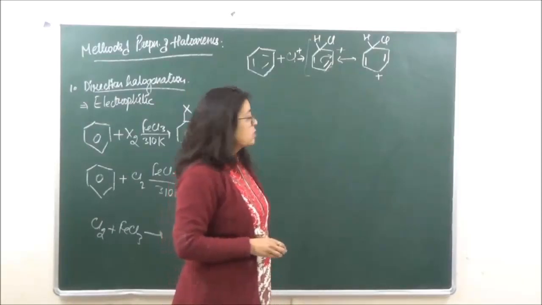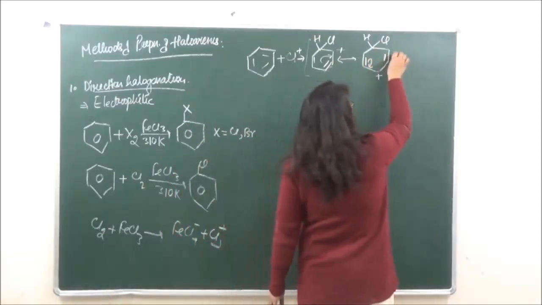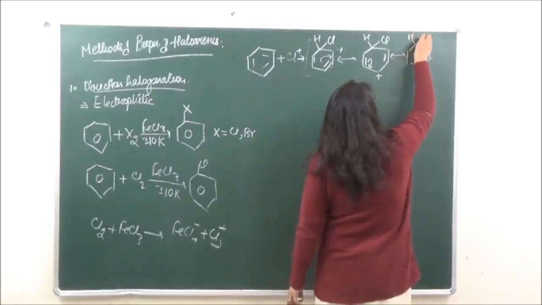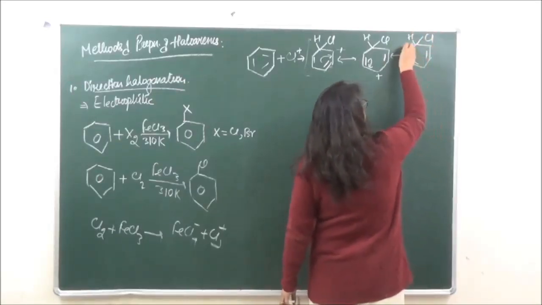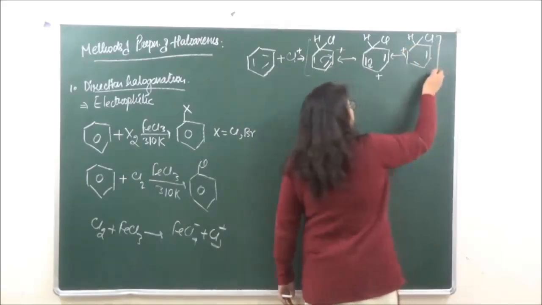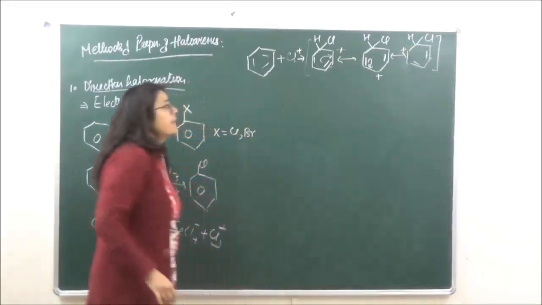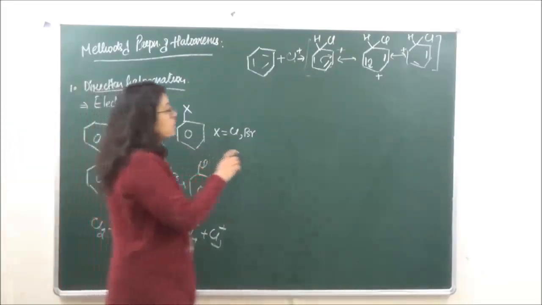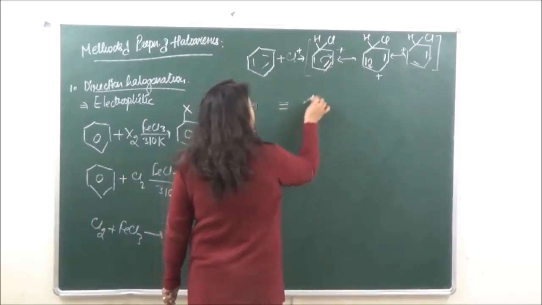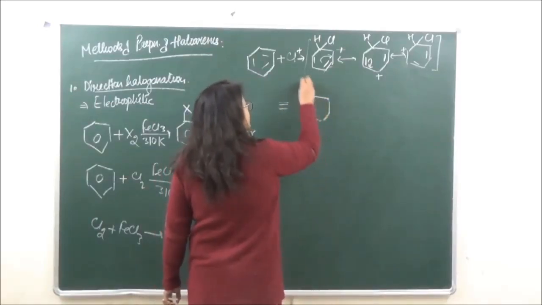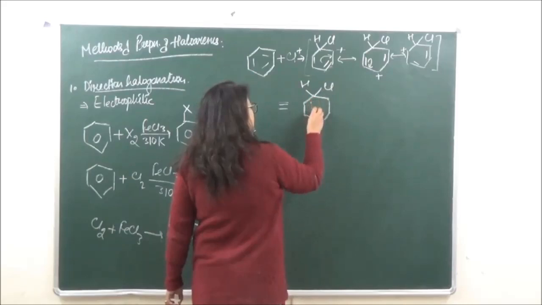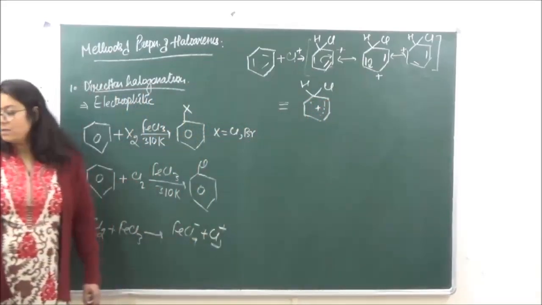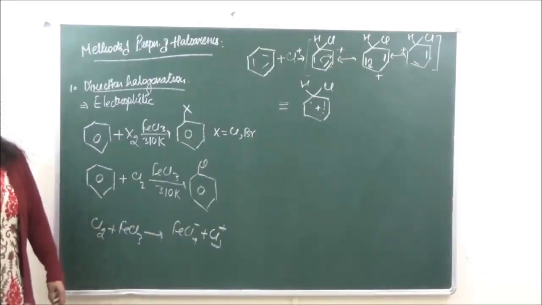This is the resonating structure. फिर उसके बाद this is going to come here. And the positive. So if we are looking at the entire resonating structures over here, all three structures, they may be written as the positive charge which is being delocalized inside the benzene ring. Okay, so this is the resonance hybrid.